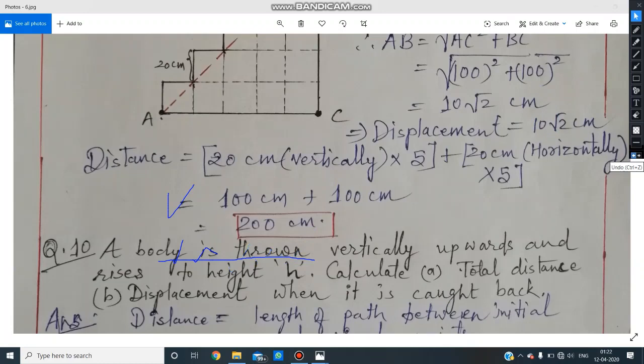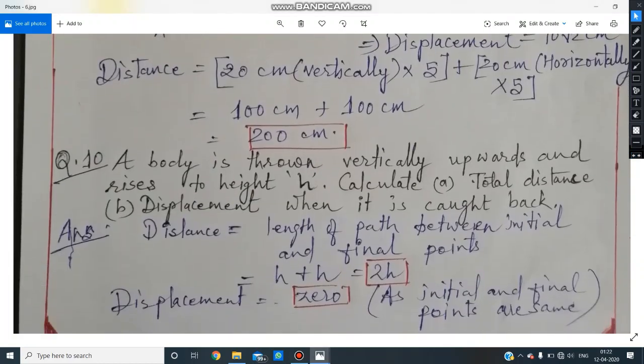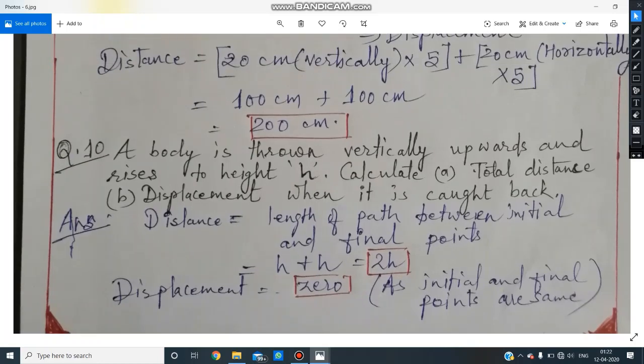So this was an interesting question again on distance and displacement. Let's see another, a kind of thought-provoking question. A body is thrown vertically upwards and rises to height h. Calculate number 1, total distance, and number 2, displacement when it is caught back.